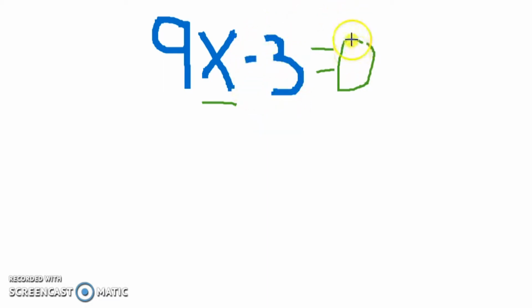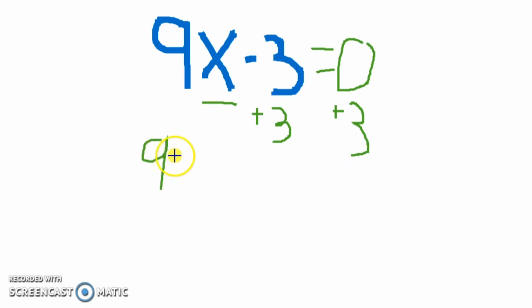So we're going to start with this 3 here. We want it on the other side to get it away from the x, because we want x alone. If you want to get rid of a minus 3, you're going to add 3. But since this is an equation, both sides have to stay equal at all times. So we're going to add the 3 to the right side of the equal sign as well.